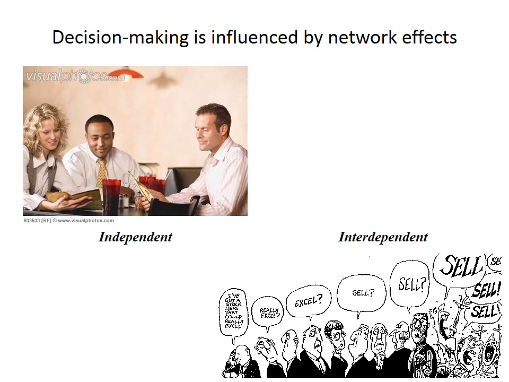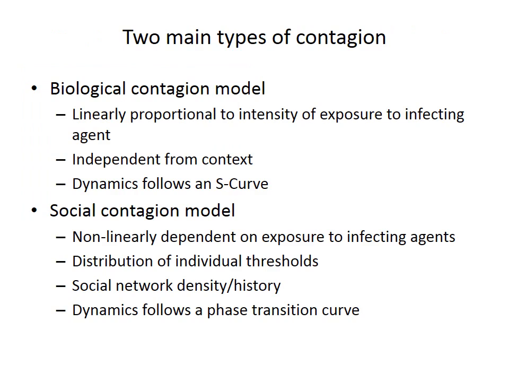The two different types of decision making lead to different behavior of individuals in a network. The type of contagion is the social contagion model. In the social contagion model, the infection still needs exposure, but it's non-linearly dependent on exposure. Second, what matters is the distribution of what we're going to call the individual threshold.